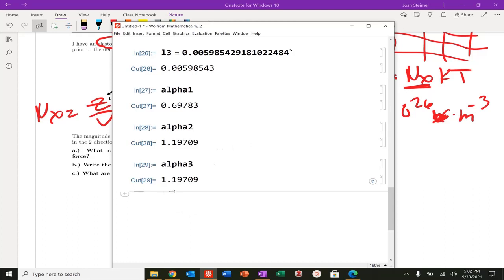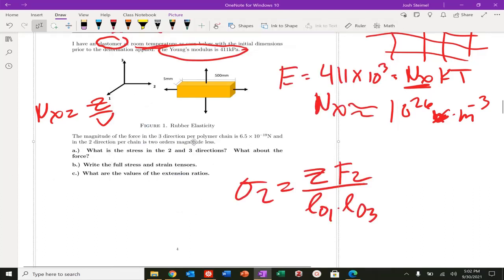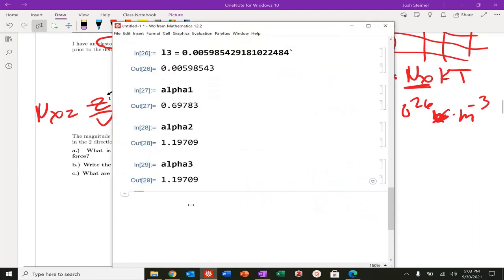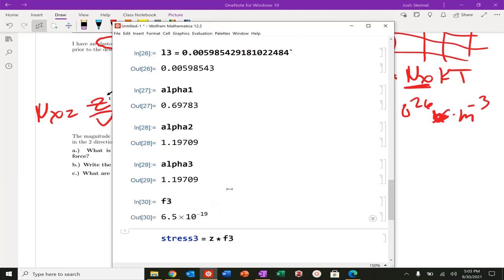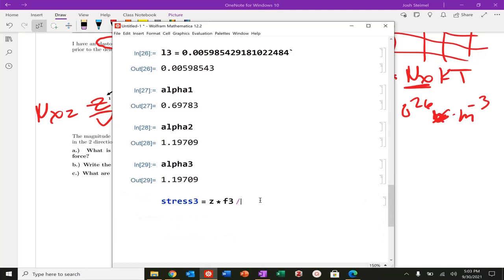Now let's go ahead. We've found the extension ratios. We need to do the stress now. My stress 3 is F3, so we look at F3 now. That's my force, divided by my area, which is L naught 2 times L naught 1.